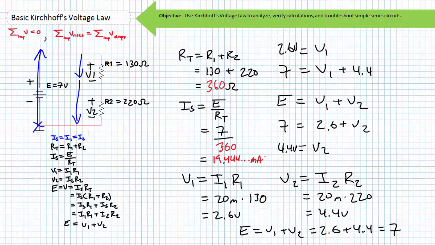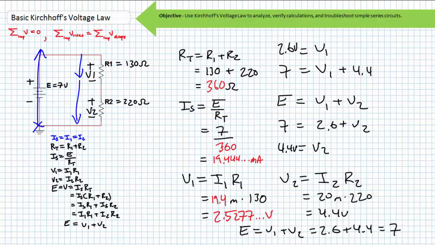Wrong total resistance means wrong source current. With 19.4 milliamperes of current traveling through a 130 ohm resistor, we would anticipate a voltage drop of close to 2.53 volts. Wrong total resistance yielded wrong source current, yielded wrong voltage drop.